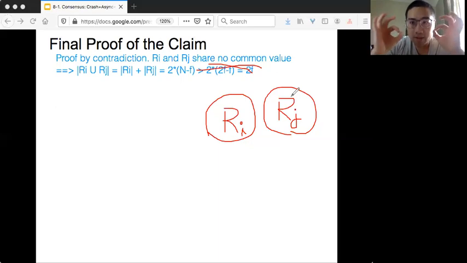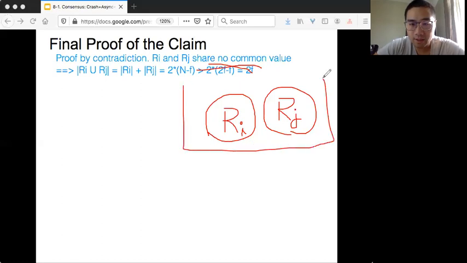This is a very common trick that we can use to derive a contradiction. If you think about this Ri, who can send a message to Ri, and who can send a message to Rj, you will realize that actually this thing is bounded by n, because all the possible messages are from individual nodes.